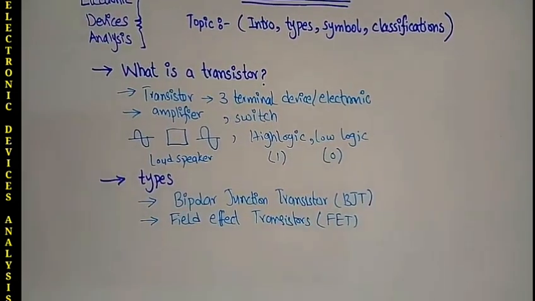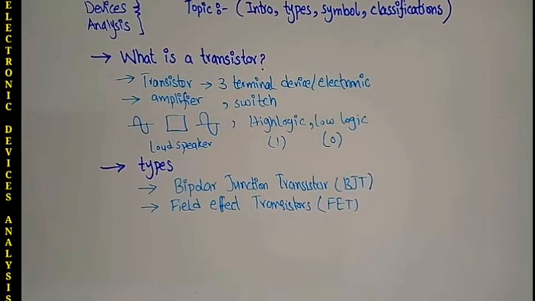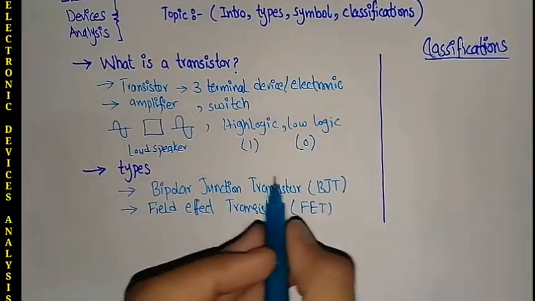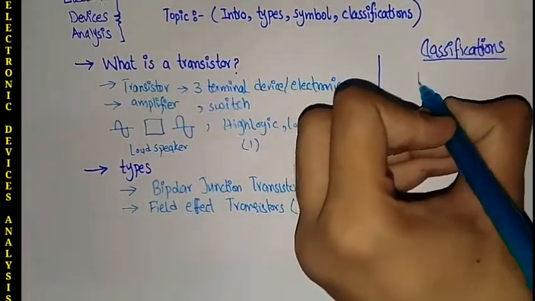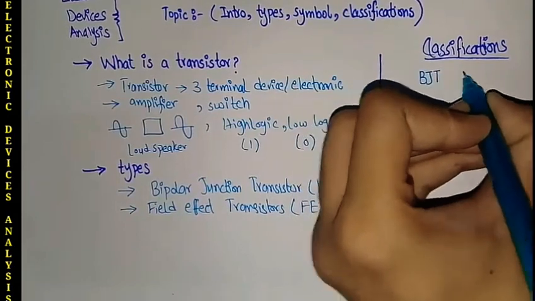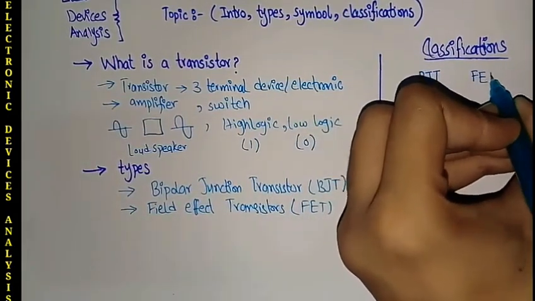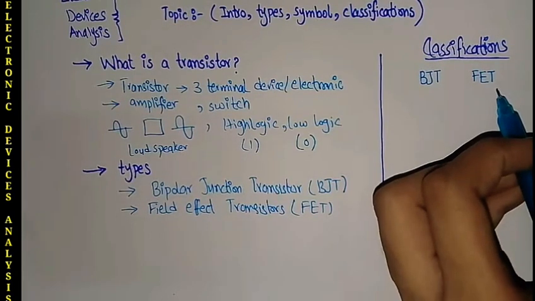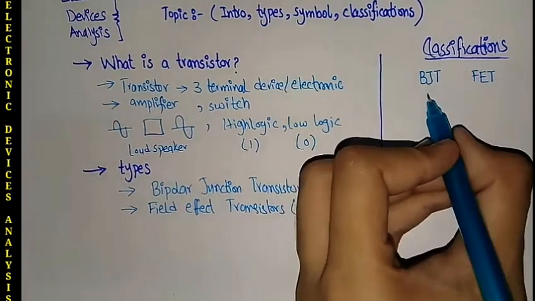So now we will see what will be the classification of the transistor. The classification is that it has two types, BJT and FET. BJT means bipolar junction transistor and FET means field effect transistor.